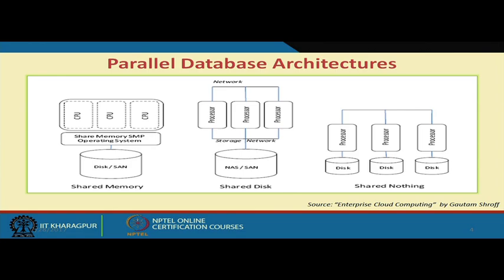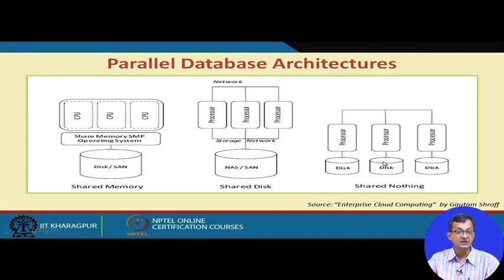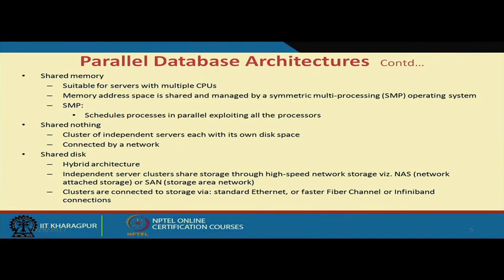So, we do not want to repeat. It is a shared memory structure, shared disk and shared nothing, but the perspective we are looking at now is a little different. There it was more about the storage. Now, we are trying to look at how programming can exploit this type of structure. Shared memory is suitable for servers with multiple CPUs.